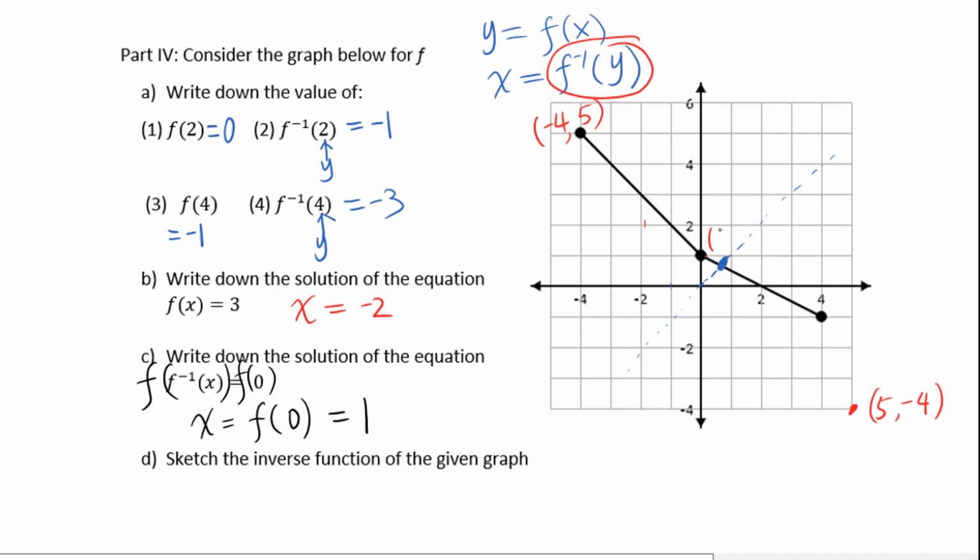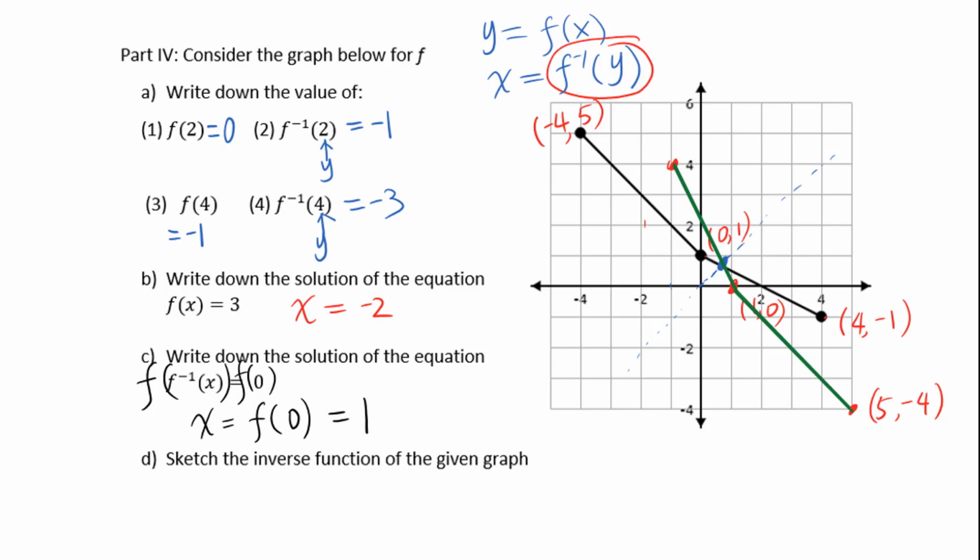This point is 0, 1. You will find 1, 0 is here. Then this point is 4, -1. We will find -1, 4. We will connect these 4 points. This will be the graph for inverse function.